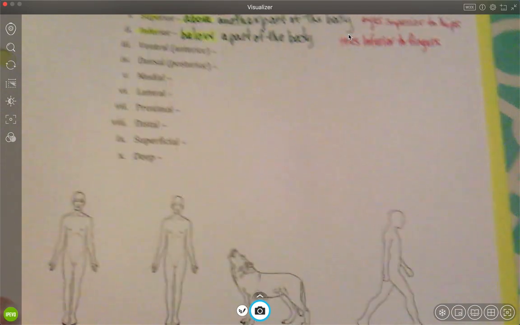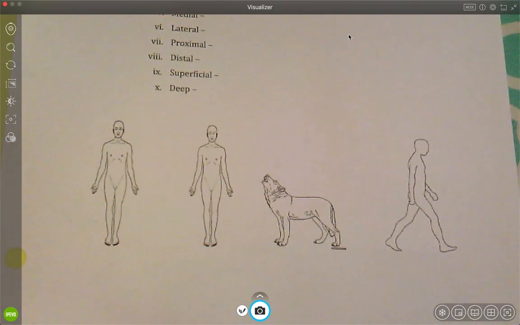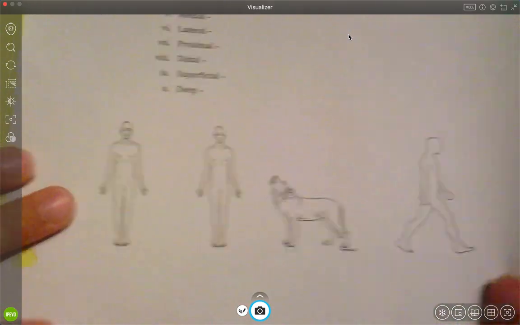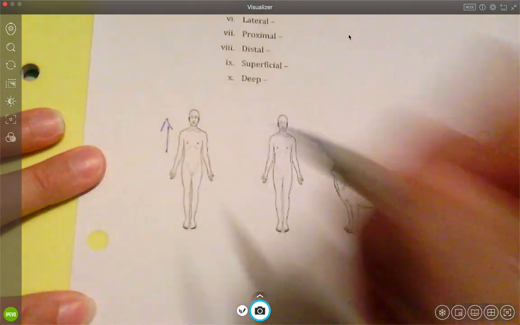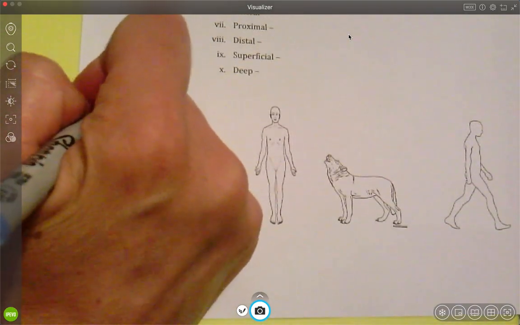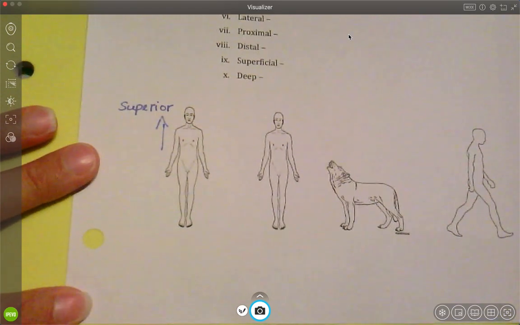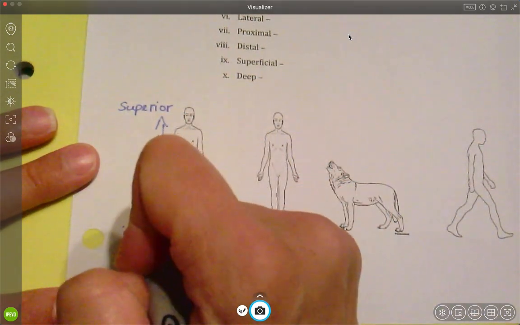All right, now I want to go down to our picture here, and we're going to label two different things. So I'm going to switch colors again so that we don't get our colors confused. And I'm going to label my human right here. So I have this person, and we're going to draw an arrow up like this. So what does up mean? Up means superior. And down means inferior.